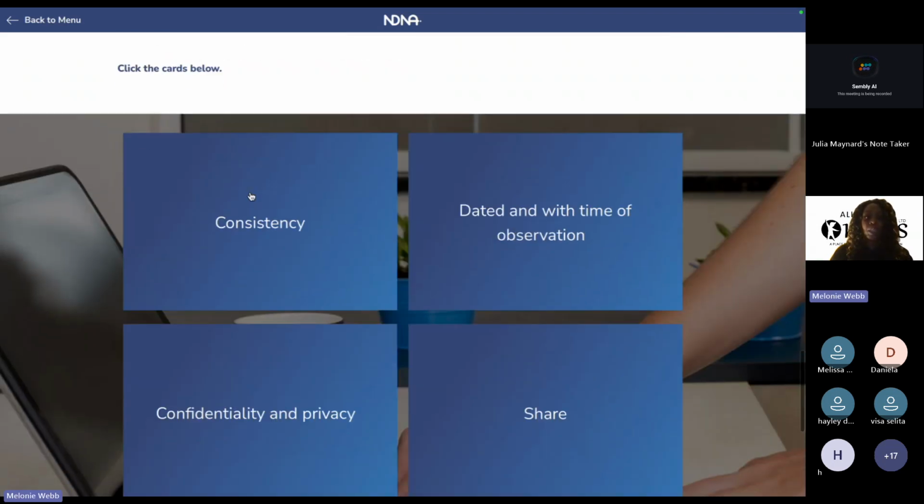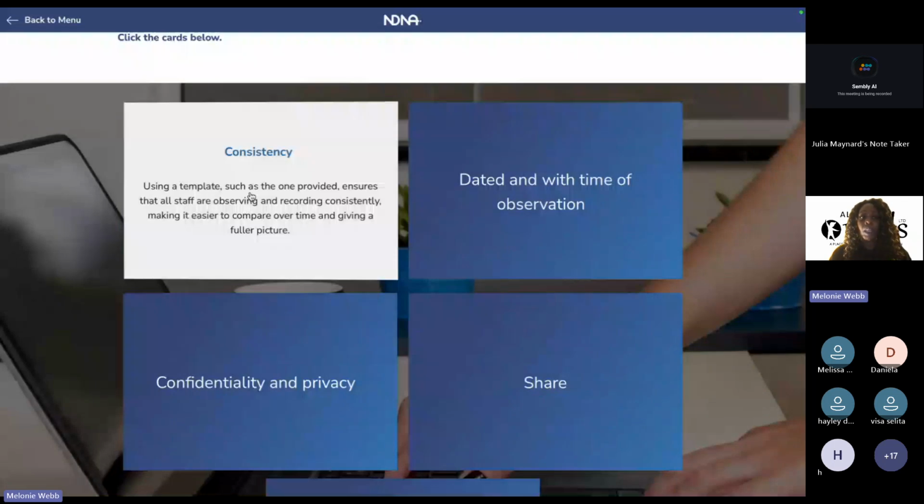So you want the documentation to be consistent. So use a template such as the behaviour chart that we currently use within the settings. Everybody uses the same one at the moment, because then everyone has the same understanding of the form.